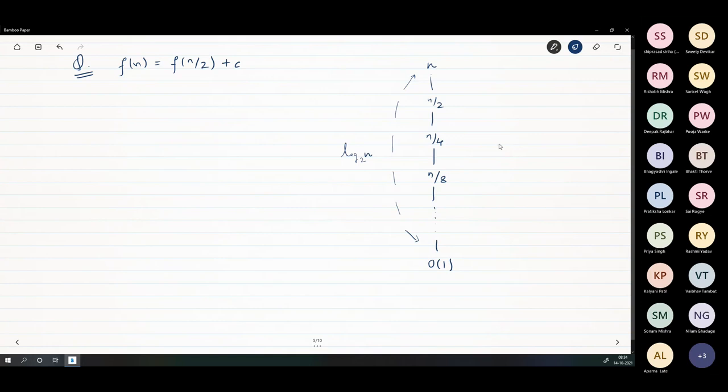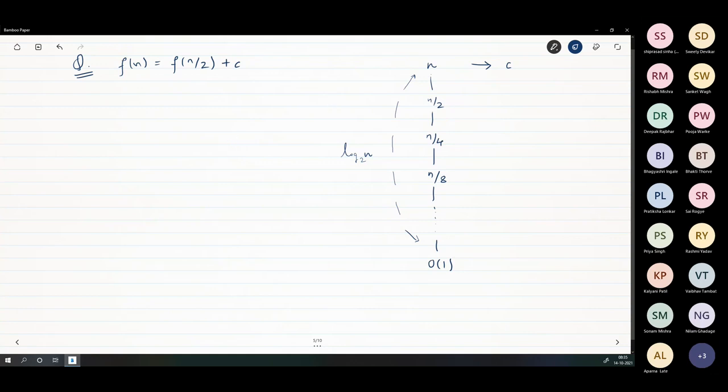So here is the thing. The c here is a fixed cost. It's a fixed number. When you want to compute f of n, you have to go down and compute f of n by 2. But there is already a cost of c at this level. There is a c that is going to go into this. You want to compute f of n, so you are already adding c anyways, and then you go to compute f of n by 2.